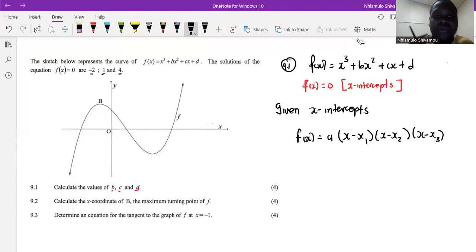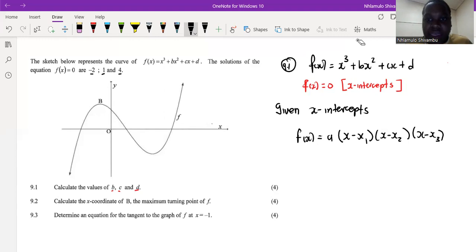This method becomes convenient when you have to calculate the values of b, c, and d, or determine the equation of a cubic function when you're given the x-intercepts. After writing this intercept method, all I need to do is substitute the values of the x-intercepts for x1, x2, and x3.